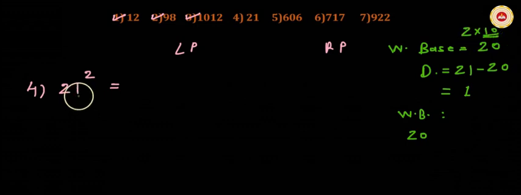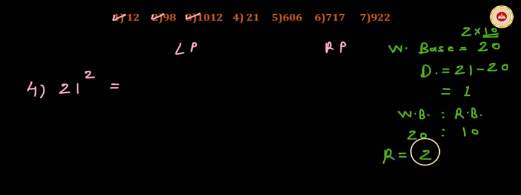For the given number 21, working base is 20 and real base is 10. Write 10 here. This is the ratio of working base to real base. Ratio of 20 to 10 is 2. So ratio R is 2.